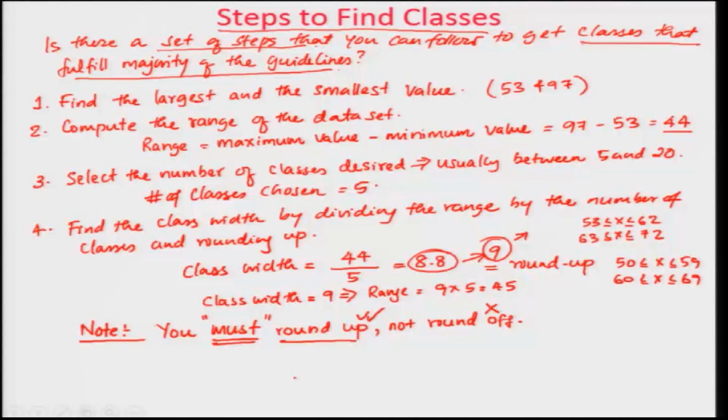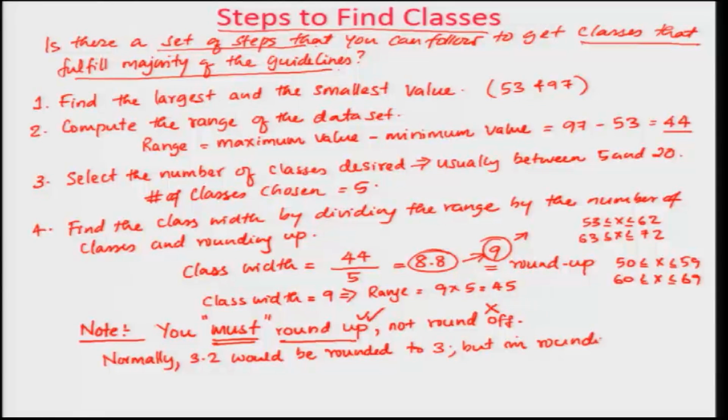So for example, normally 3.2 would be rounded to 3, but in rounding up it will become 4.